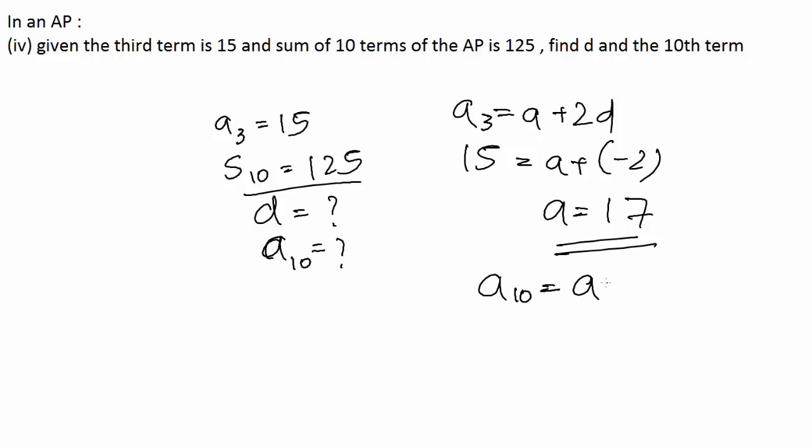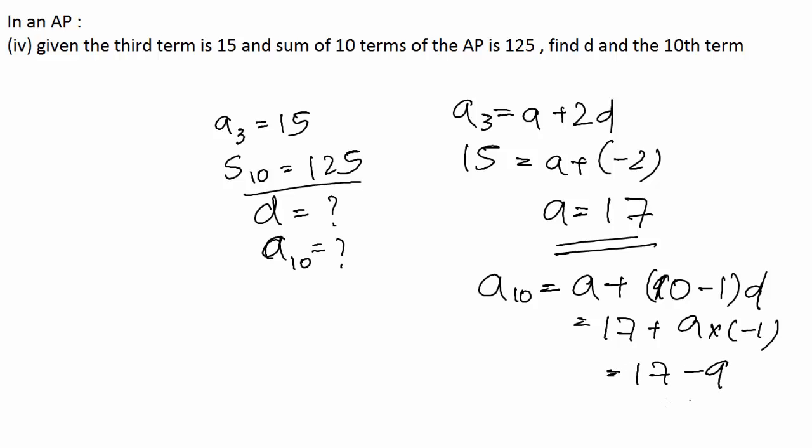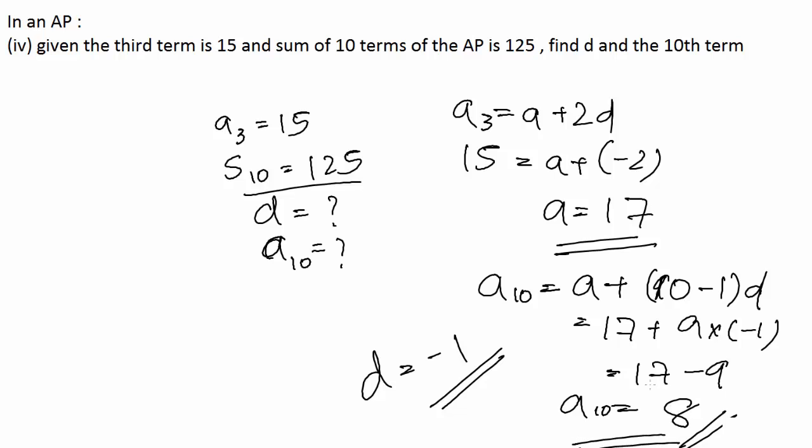So a10 is equal to a plus 10 minus 1 into d, which is equal to 17 plus 9 into minus 1, which is equal to 17 minus 9, which is equal to 8. So you have the value of d as negative 1 and a10 as, well, 8.